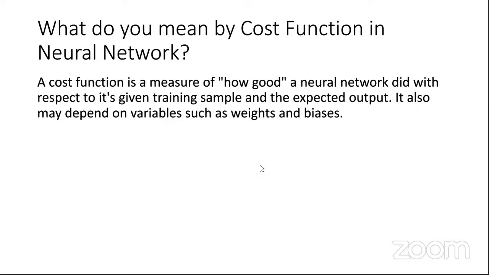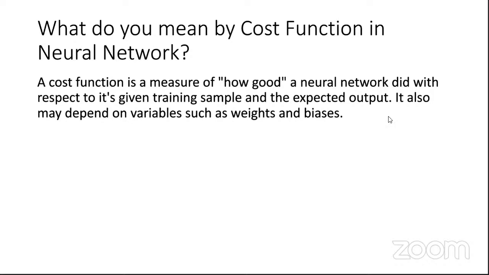Cost function is used for knowing how well our model is performing. We compare the training data's expected output with the output we actually get, and see how well they match, how good our model is performing for the input data.